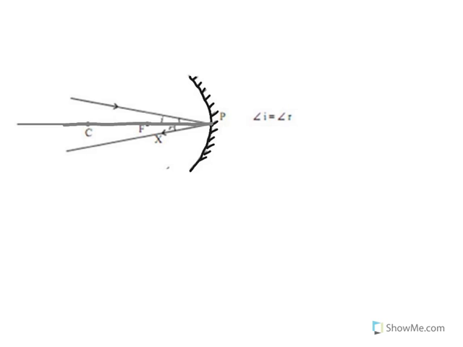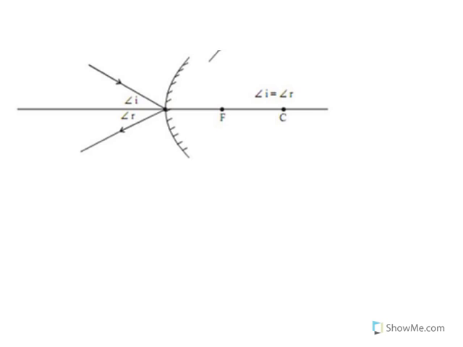Here's the case for any ray, not any special ray. So in this case, the ray falls onto the mirror. When it reflects back, always the angle of incidence will be equal to the angle of reflection. So here it comes out, reflects in such a way that the angle of incidence will be equal to the angle of reflection.